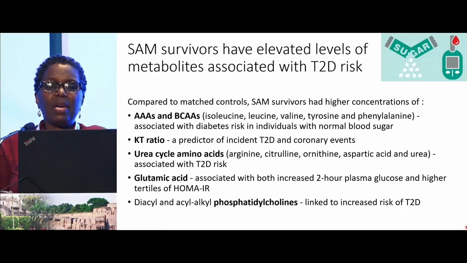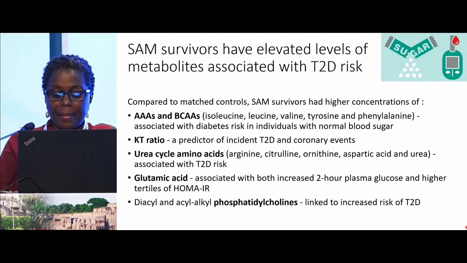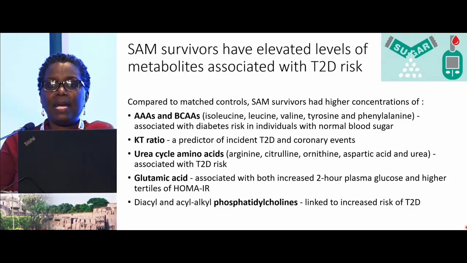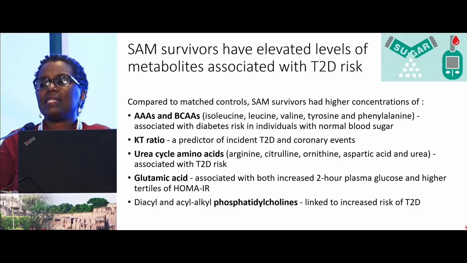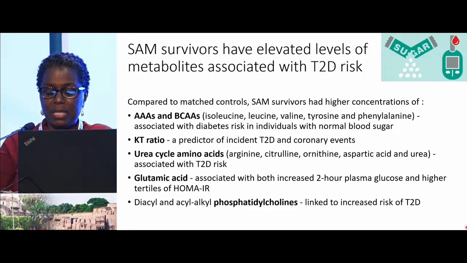So we are seeing some evidence in the metabolomic profiles of these SAM survivors that they may be at greater risk for type 2 diabetes. But bear in mind that a metabolomic profile is a snapshot in time, and it's not a dynamic test. So it does have limitations.